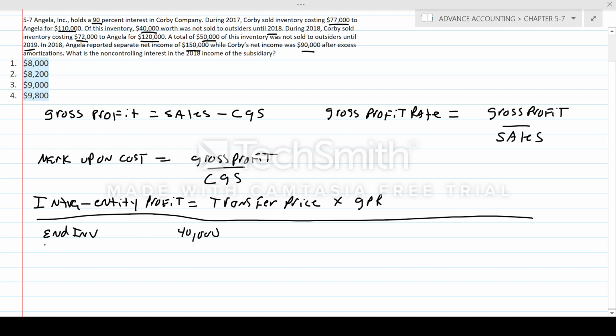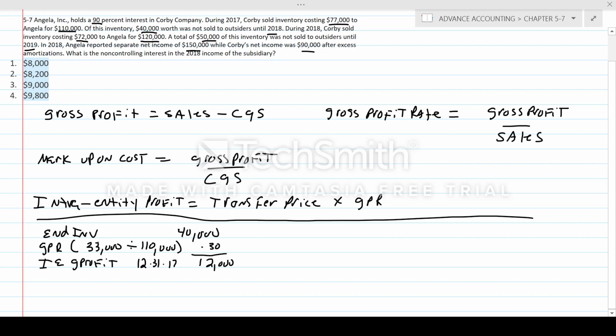Your gross profit rate, which is calculated by the $33,000 divided by $110,000, which is 30%, which gives you an intra-entity gross profit of $12,000 at 12/31/17.